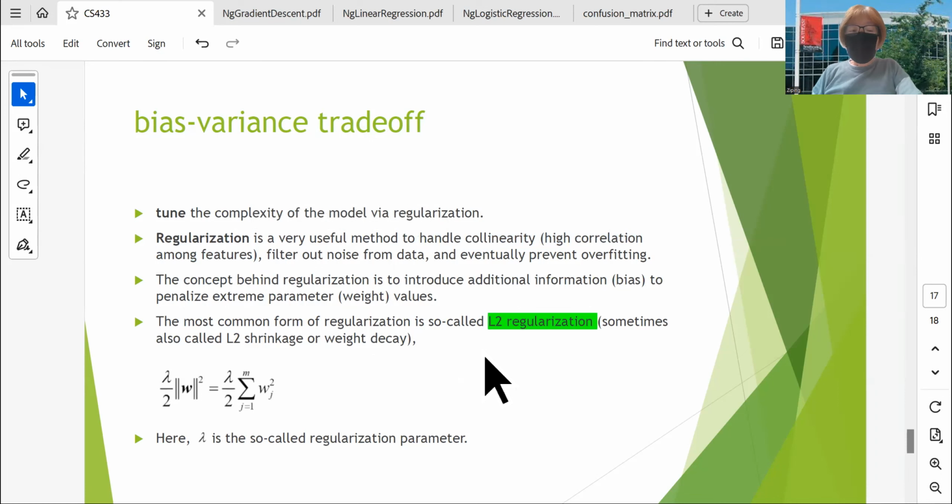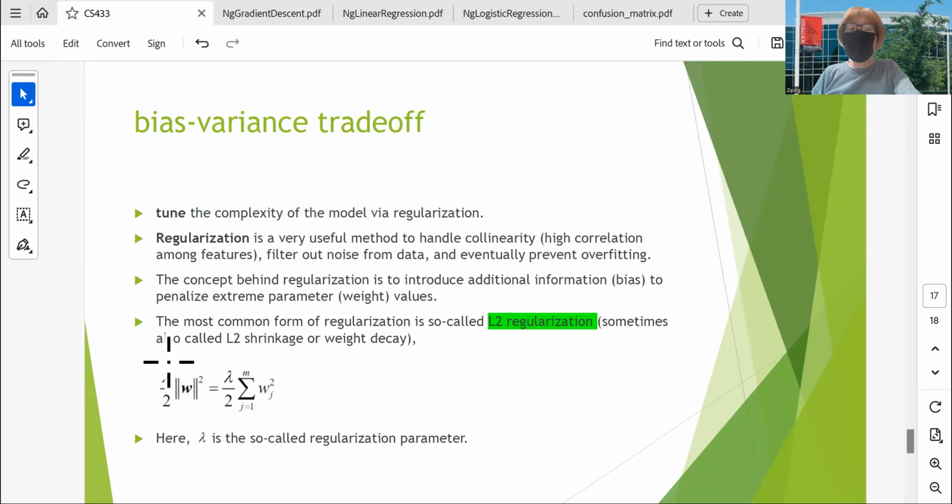One of the methods is called L2 regularization. It's defined like this, and it has some relationship with the weights. We have this regularization parameter, which we call lambda.